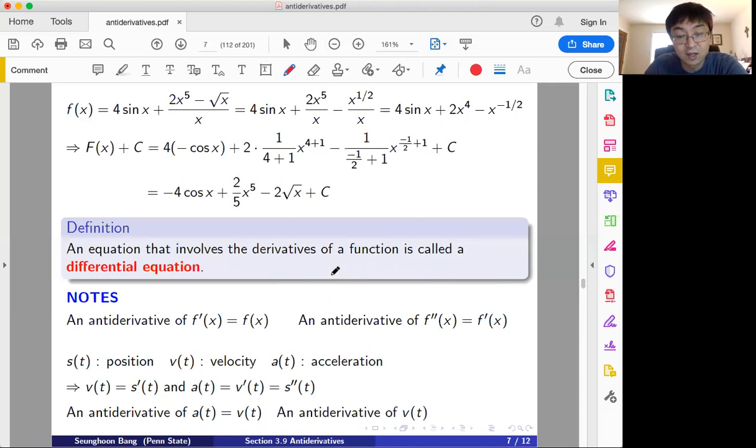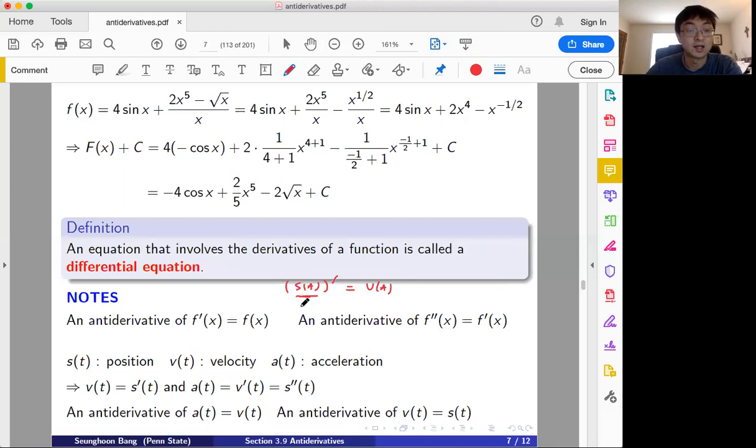What's the antiderivative of v of t? Yes, s of t, for the same reason, because s of t prime is v of t. So the antiderivative of v of t is s of t.